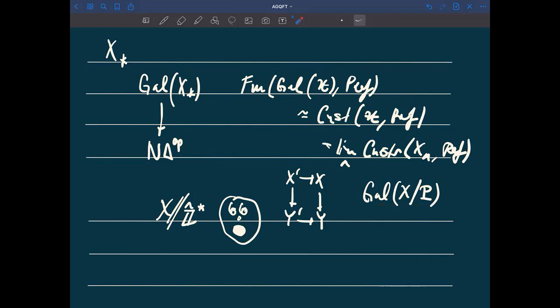Wouldn't you expect the links to be sphere bundles over the neighborhood? You mean the compactification of the normal bundle of some closed subvariety?